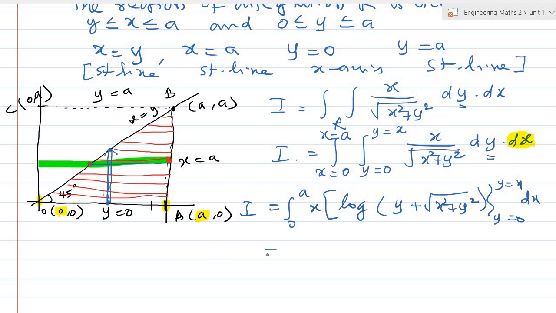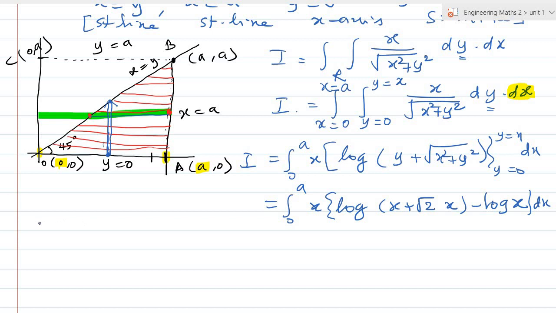Then what you get is the integral over 0 to a of x into log of x plus root 2 x, and if you take that x outside the root, then minus log x, dx. Open the bracket.